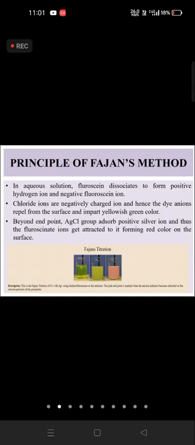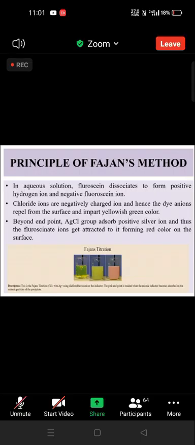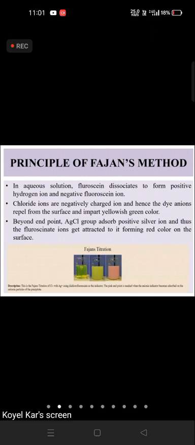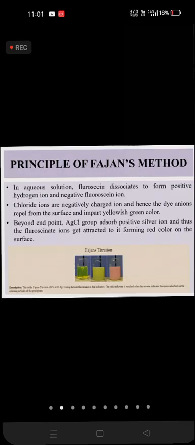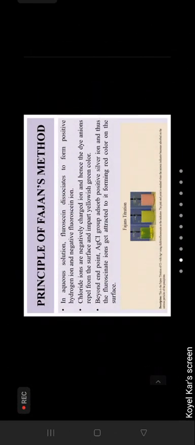But negatively charged particles are present in more quantity compared to the positively charged particles. Therefore, this negatively charged fluoresceinate ion will first collide with the negatively charged Cl minus ion. Now, since both are negatively charged, they will have a tendency to get repelled from each other. Due to this repulsion, it will impart a greenish yellow color. That means the color of the solution will turn greenish yellow.